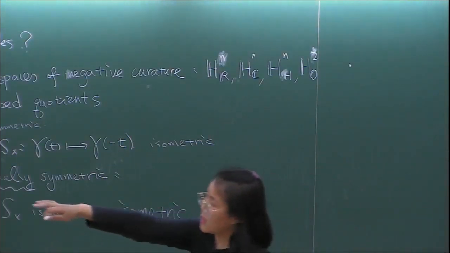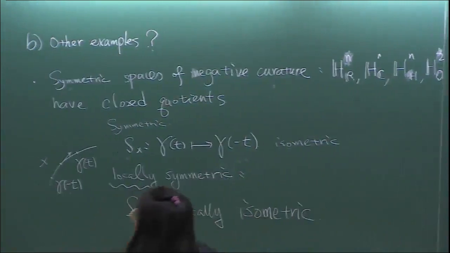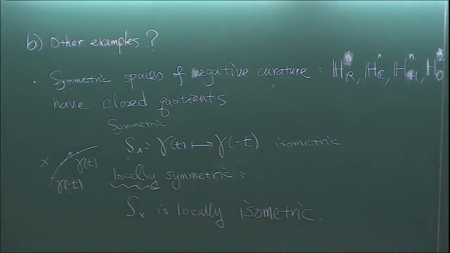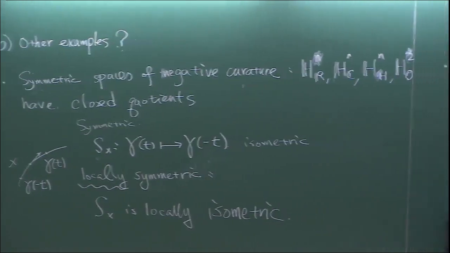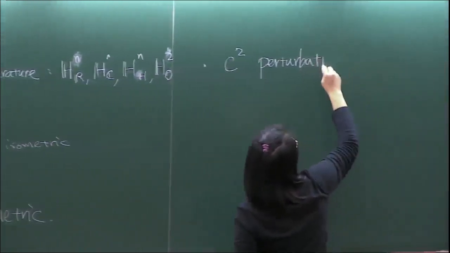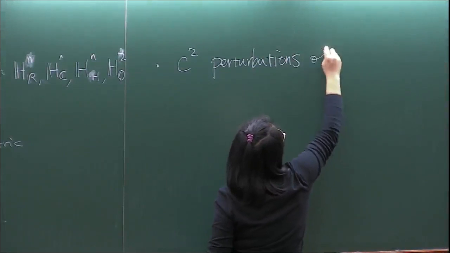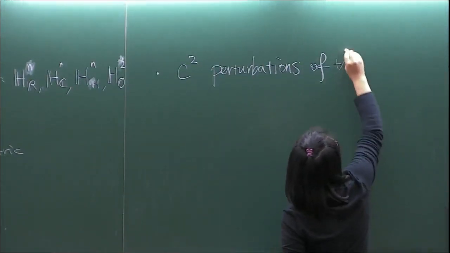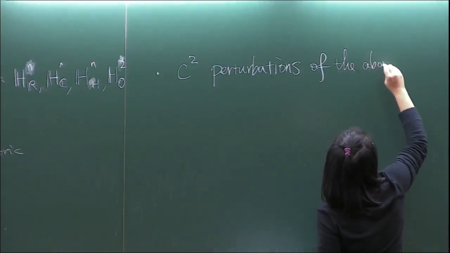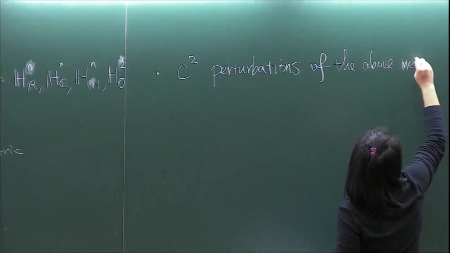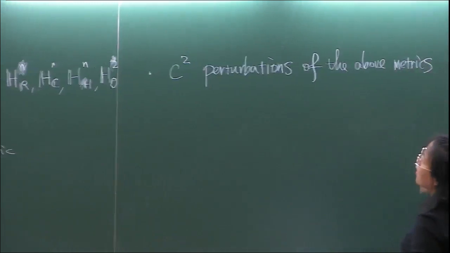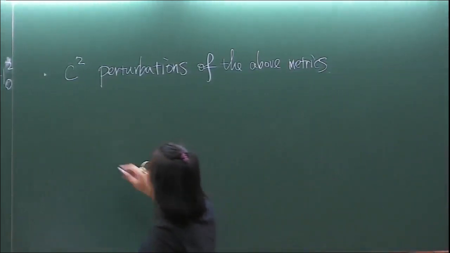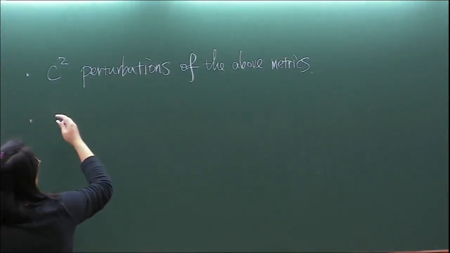Because you have the curvature tensor there, and you can consider C2 perturbations of the above examples. Right? And actually, you can continue.